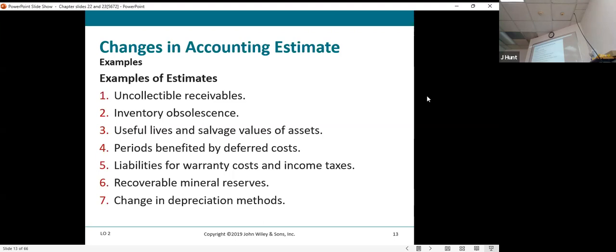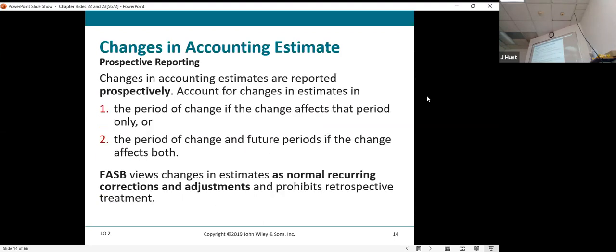I need to depreciate that now because that's no good to me, right? So things happen. So estimates are all of these items. These are just some examples. There are more. But anywhere where we have to make a guess, a guess that we have documented and we have support.